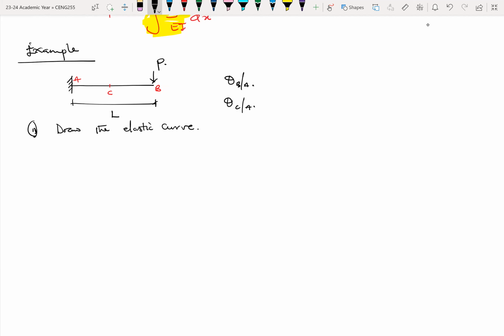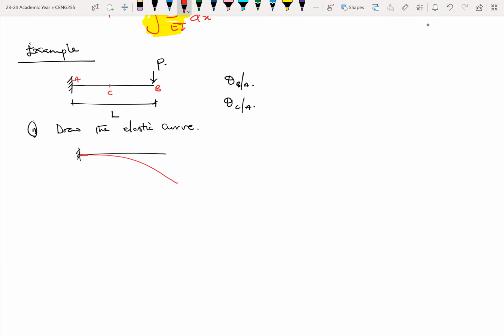If you have a cantilever like this, and you're applying a load P at the end of the cantilever, then it's going to deflect in this form.